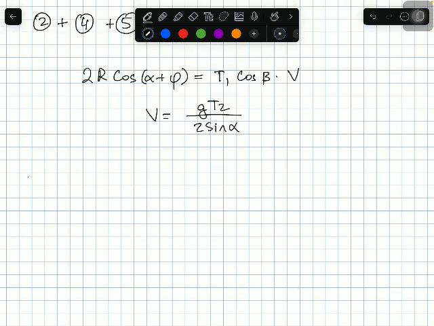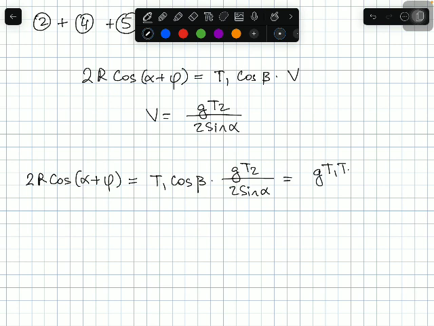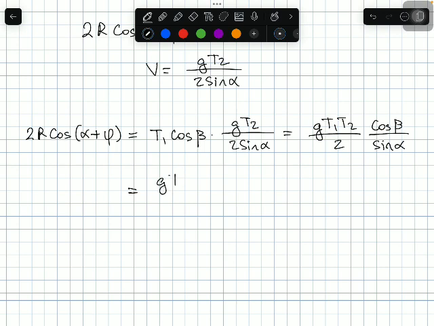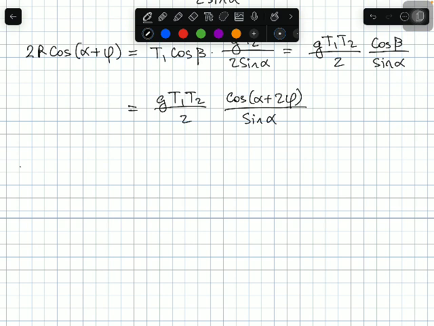When we do the substitution, we should be able to get the following. 2r cosine alpha plus phi equals t1 cosine beta multiplied by g t2 over 2 sine alpha, which is g t1 t2 over 2, where cosine beta is cosine alpha plus 2 phi, divided by sine alpha. Now if you expand the equation above, you should be able to get the following relation.